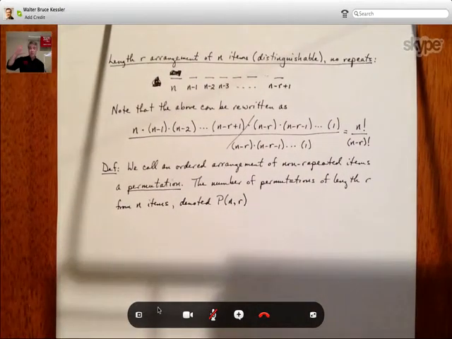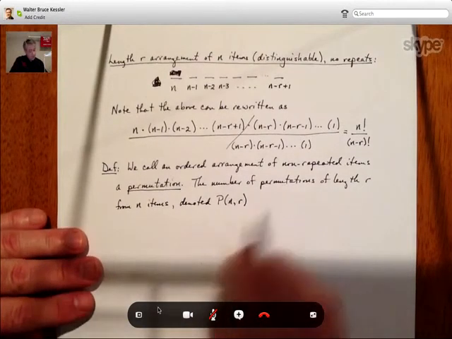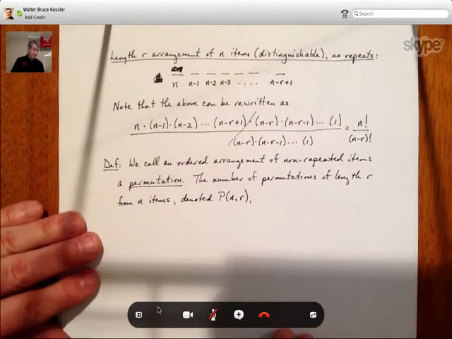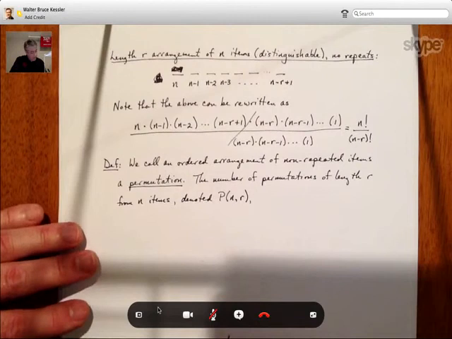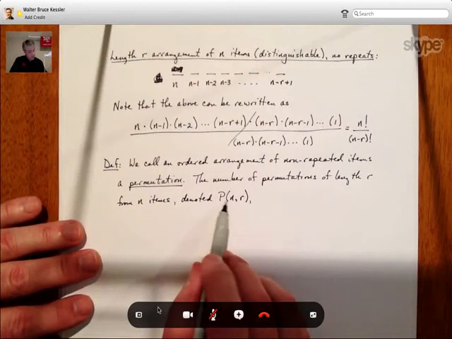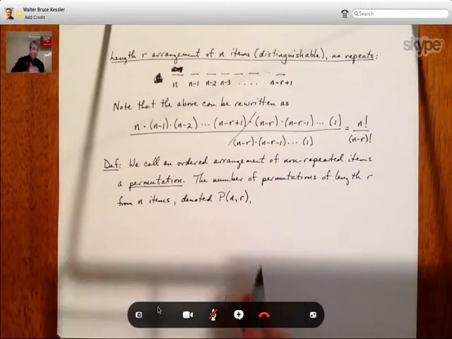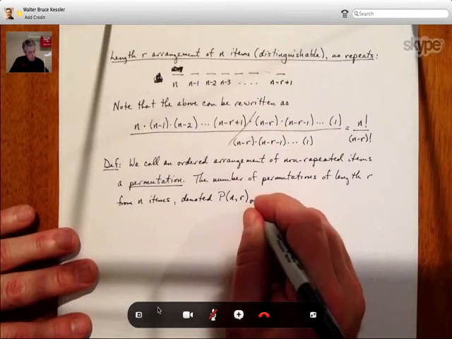It's not the best notation in the world because we also sometimes use capital P as probability, but hopefully we'll understand in the context of what we're doing which one of these notations we're talking about. We haven't done a lot of probability anyway, but I'm just saying that is probability notation. Denoted, permutation n pick r is the way I tend to think of that.